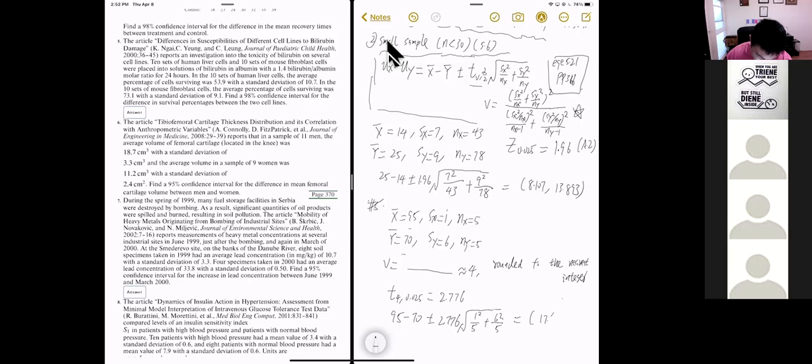So the answer is here. For the 95% confidence interval for the difference between two means, it is 17.4 and 32.56.